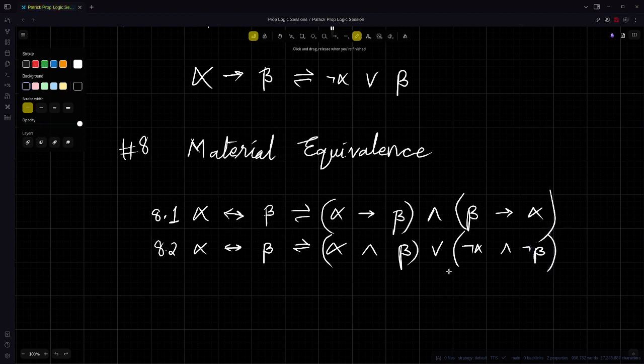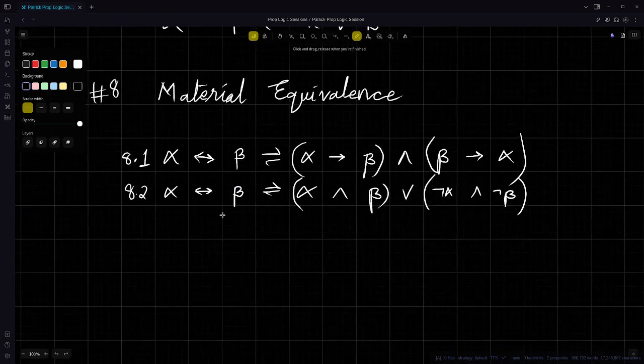Does this second one make sense to you? I guess if we did the truth tables, it would work out. Yes, but without looking at the truth tables, when is a biconditional true? When they both have the same truth values. When does that happen? When they're both true or both false.